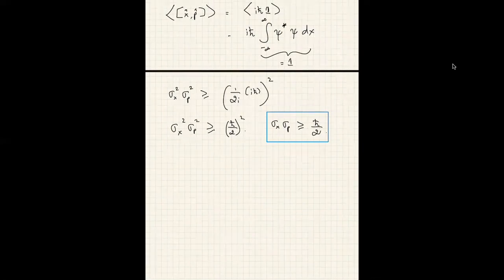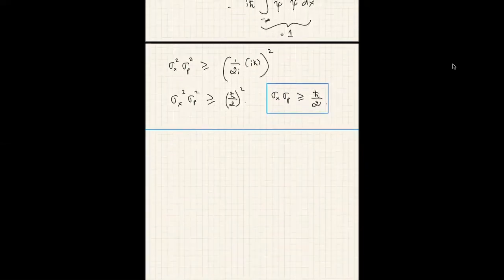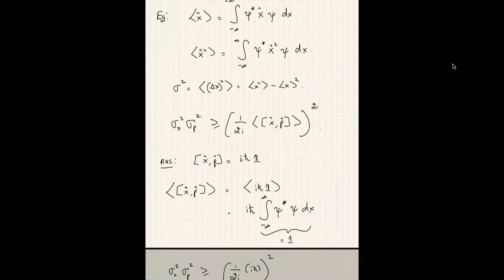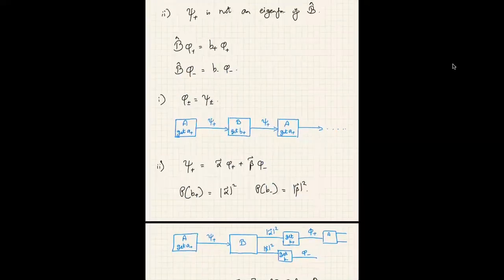So let us draw a line here, and then we'll continue talking a little bit about eigenstates. So what are eigenstates? Clearly, if you go back and look at this picture that we drew, if psi plus is an eigenstate of A or an eigenstate of B, I am sure to get the value A plus or B plus, right?